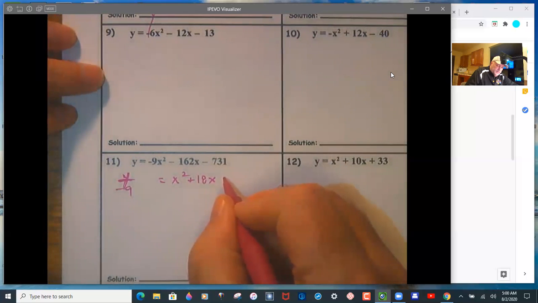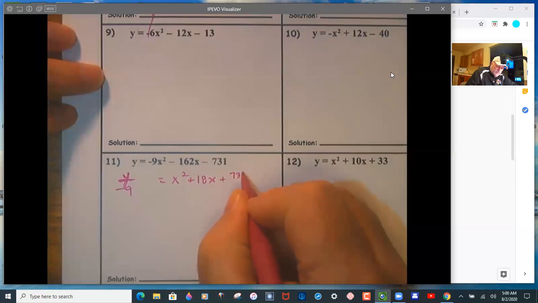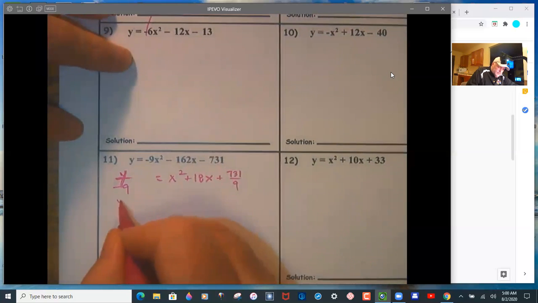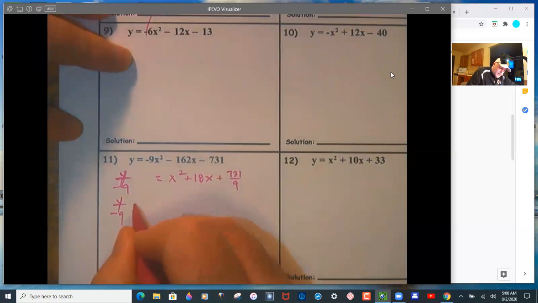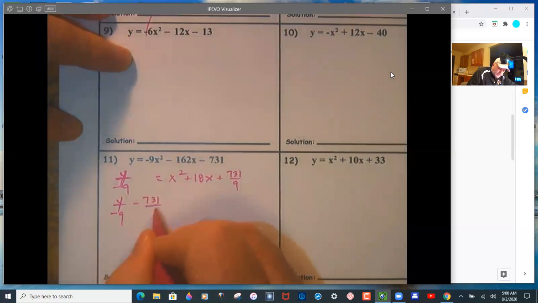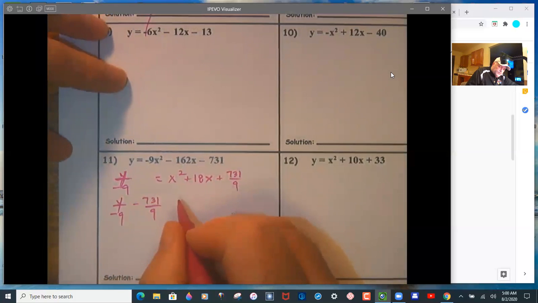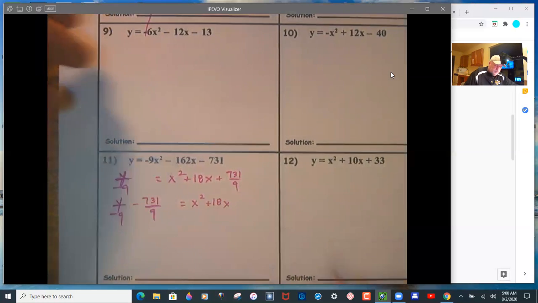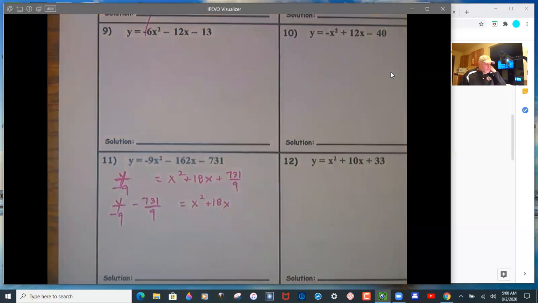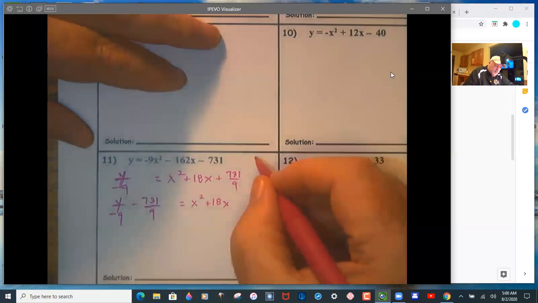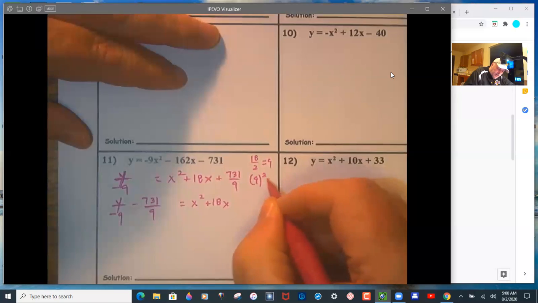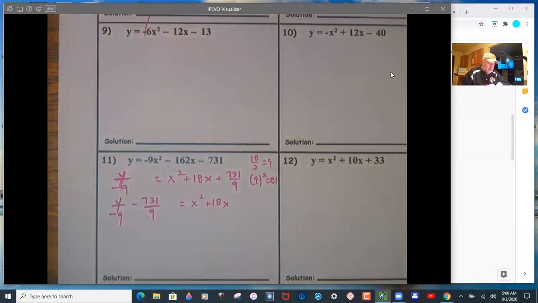Okay, so then we subtract over 731 over 9. Again, leave a little room there. Now 18 over 2 is 9, and then 9 squared is 81. So 81 is what gets added in.